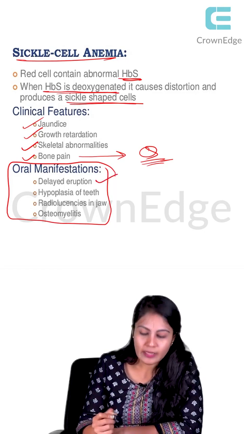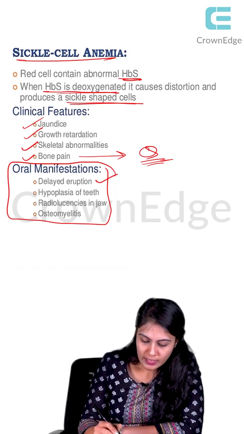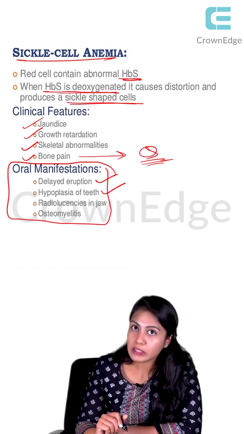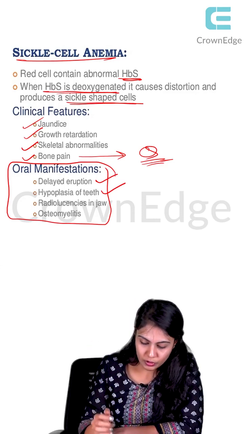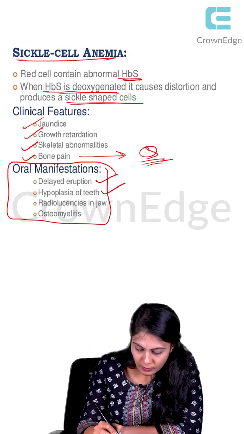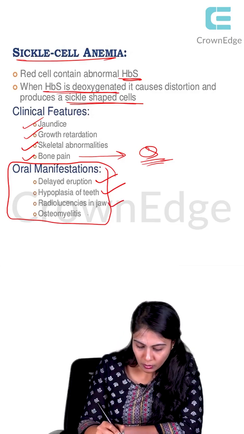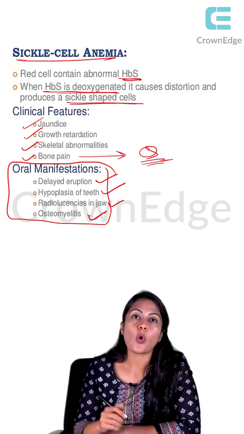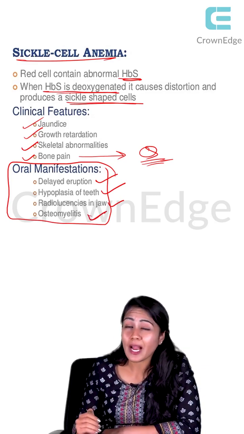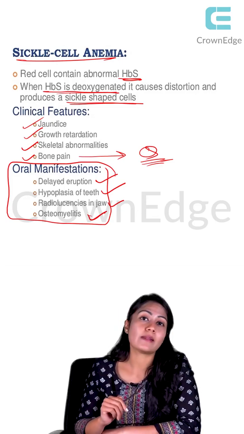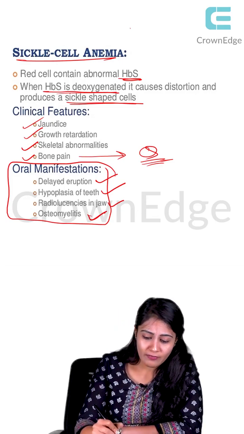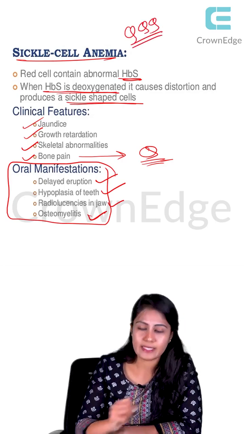There can be delayed eruption of the teeth, right? Then hypoplasia of the teeth, again less production of enamel, and radiolucencies in the jaw, right? And osteomyelitis. So all these oral manifestations can be seen in sickle cell anemia, and that's why this is a favorite topic of examiners, right?